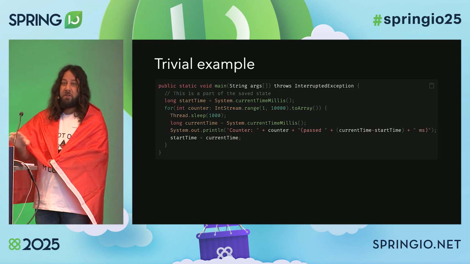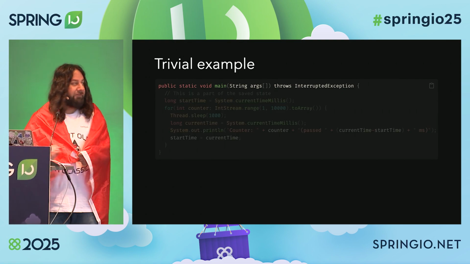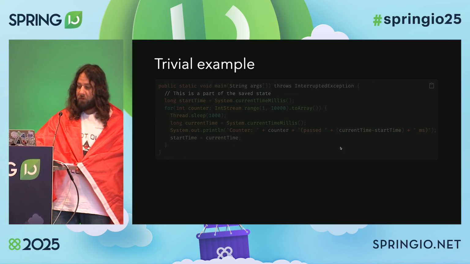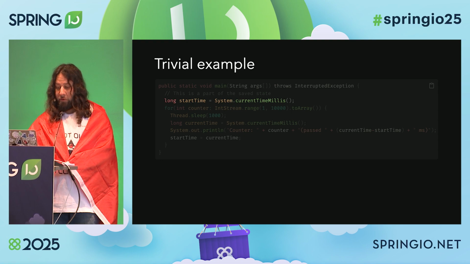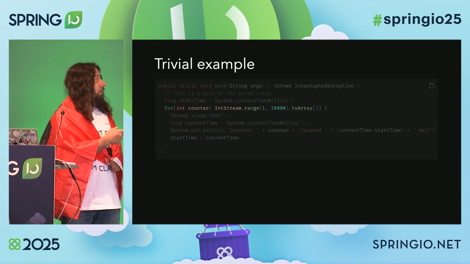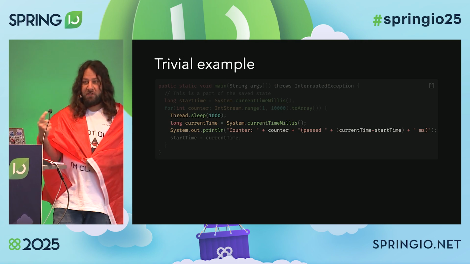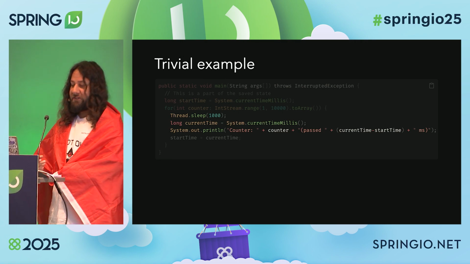So, the trivial example comes first. Trivial example looks like this. We have public static void main, and we have start time of our application. Then we have a counter from 1 to 10,000. In every iteration, we sleep for 1 second. Then we get our current time again.